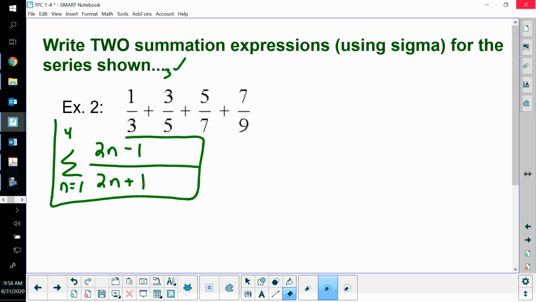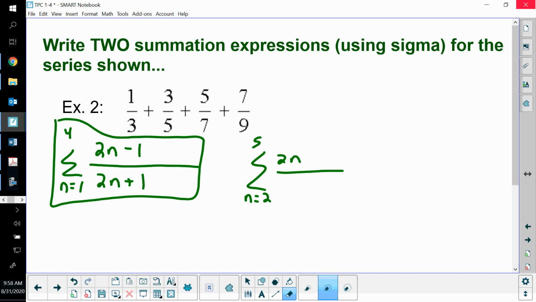So that's one summation. The next one, we'll change our bottom number. We changed it to 0 last time. Let's just show you an example of changing it to 2, because really you could change it to what you want and then just adjust. So this is the second, 3, 4, so top would have to be 5 now. Our pattern in the numerator is still going up by 2, so we'll have 2n.